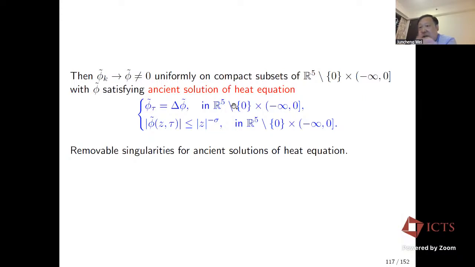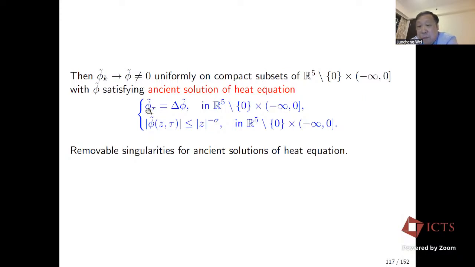We can assume the singularity at 0, and the singularity is z to the minus sigma all the way to infinity. So this is the ancient solution to the Hardy equation. Now, if we don't have this phi tau, then this is very easy to prove, right?